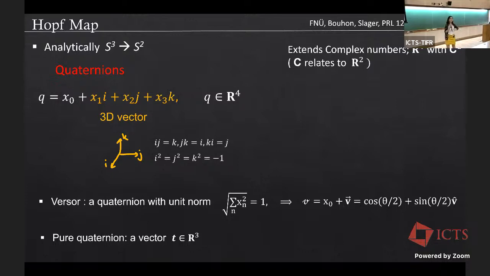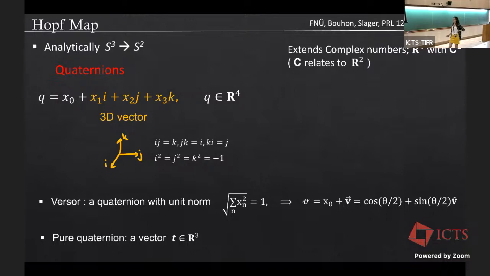So I need some definitions. A versor is a quaternion with a unit norm. I can define it as some real part plus some vector, a three-dimensional vector in this imaginary basis. If this is normalized, I can also write it as cosine plus sine times a normalized vector.